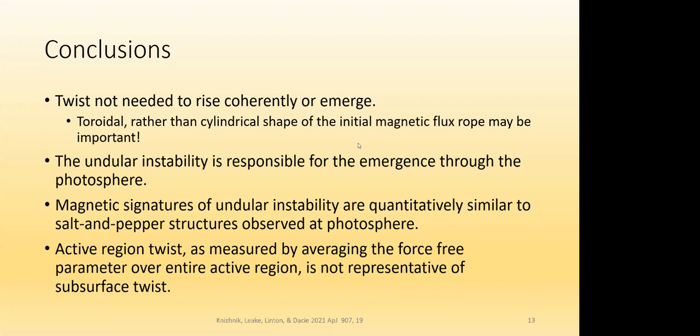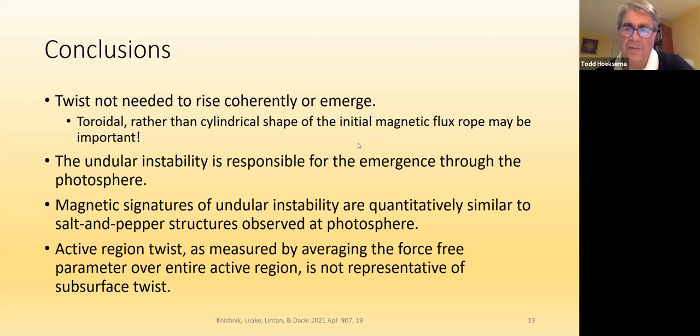Yeah, more active regions. And then there's a comment from Hugh Hudson. There's a suggestion by Gonzalez Manrique that the earliest AFS loops are twisted, but that the twist then somehow disappears. Do you have any thoughts on how that could work, or do you think it isn't needed?